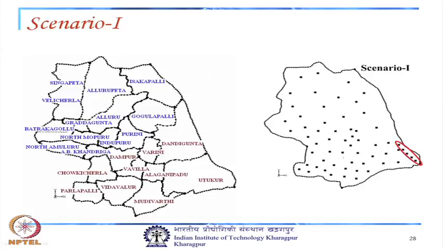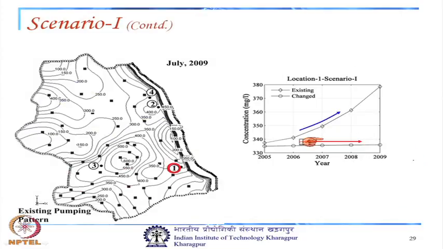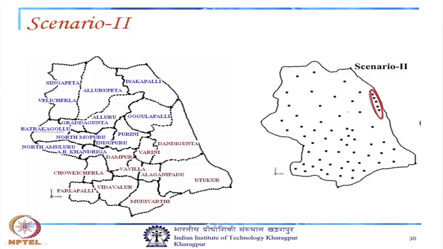So, 3 scenarios are considered for control of saltwater intrusion. In the Vidyavalur region, 5 wells are considered near the seashore. Then it has been found that there is a decrease in concentration for reference point 1 with that scenario.